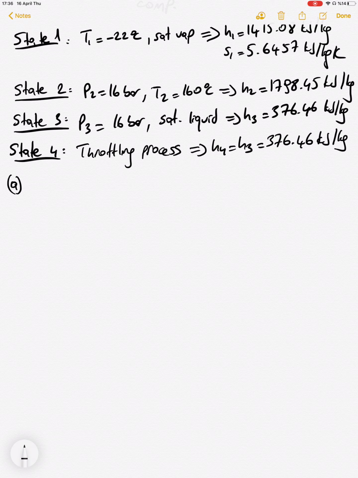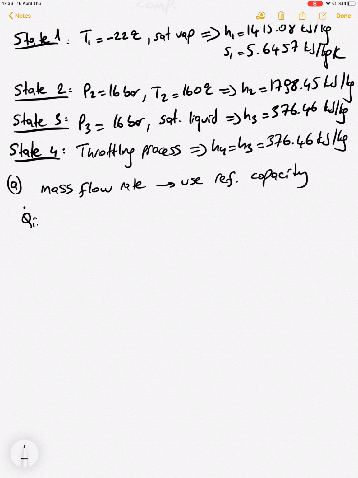So what is the mass flow rate? Part A, mass flow rate. We calculate mass flow rate using the refrigerating capacity. What is that in terms of refrigerating capacity?